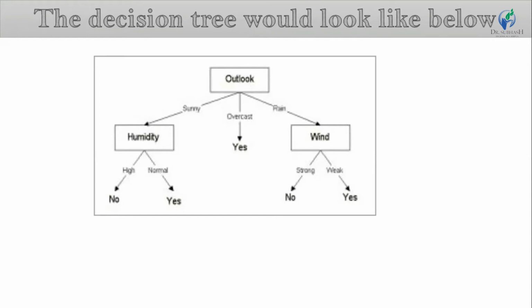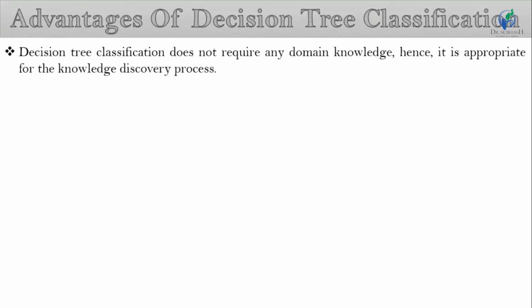Now we will see the advantages of the decision tree. Here I have explained various merits of decision tree classification. First one is, decision tree classification does not require any domain knowledge. For that, it is appropriate for the knowledge discovery process.